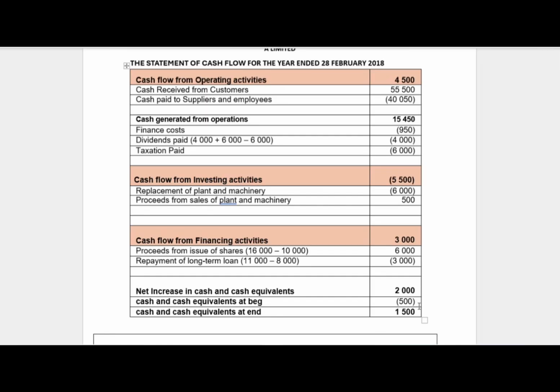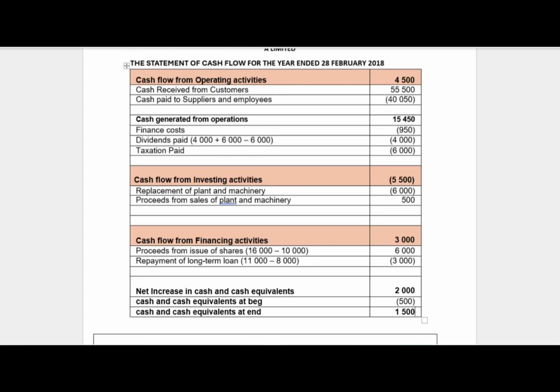And then if you check this, 2,000 minus 500 is giving us 1,500, which is cash in bank at the end. That means our cash flow is fine. Or if we say 1,500 plus this 500, we're getting 2,000. That means our cash flow is balancing. Everything is sorted. Everything is fine, right? So we are happy with our cash flow.